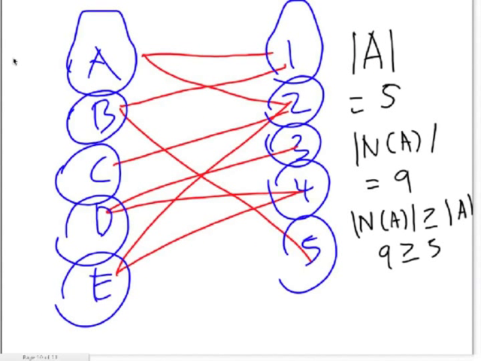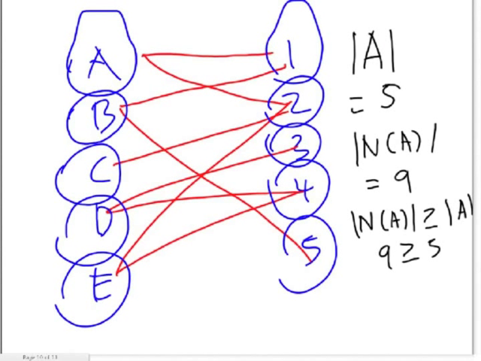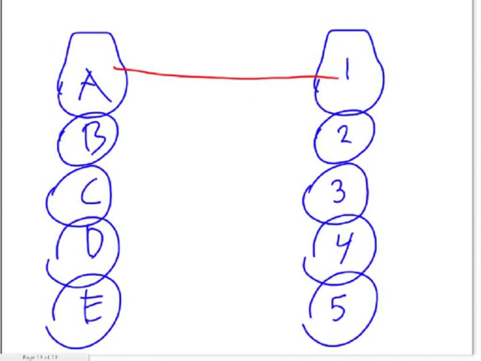To complete this example, let me show you an instance, because there are multiple complete matchings in this situation. Let me show you one of them. So let's look at A, who prefers chocolate of flavor 1. So let's connect that. B likes chocolate flavor 5, so let's match that.